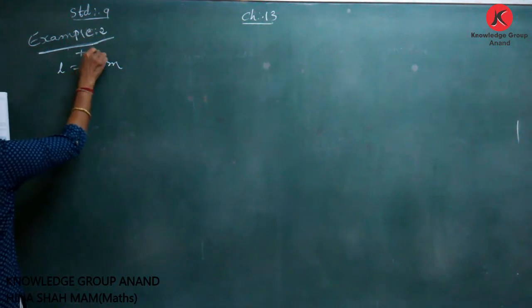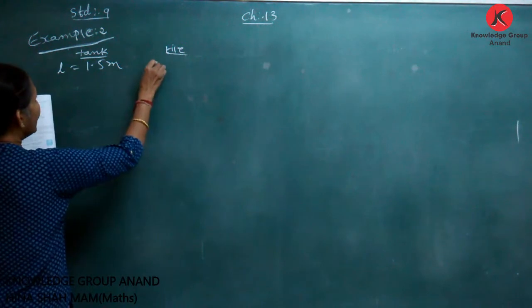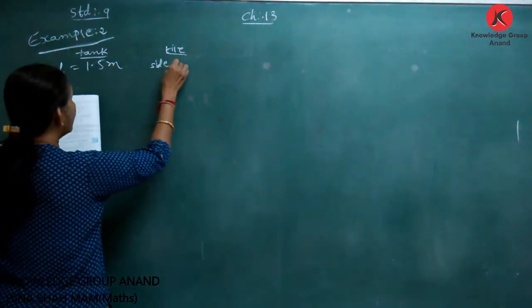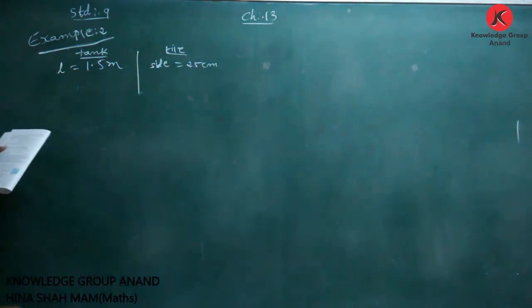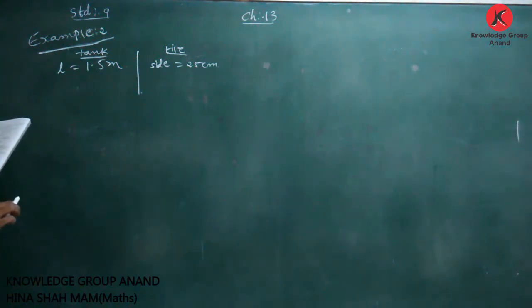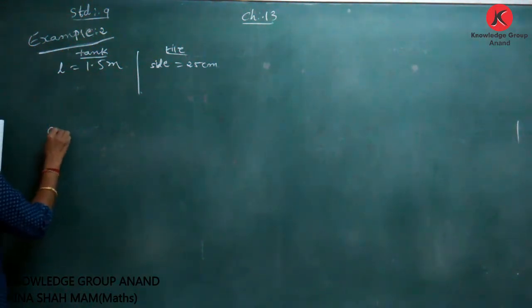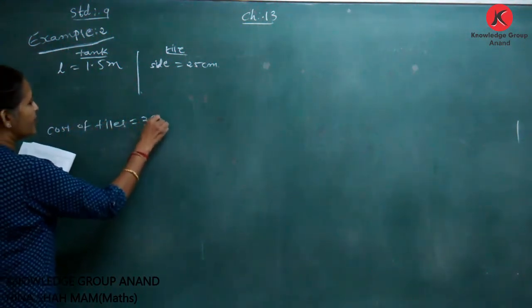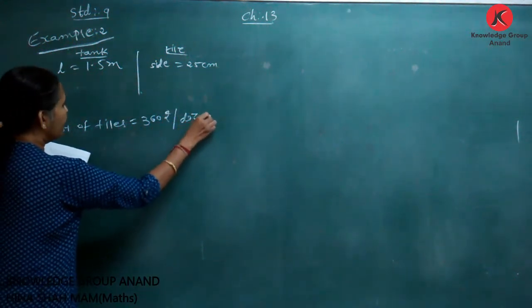The tile size is equal to 25 cm. The cost of tiles is 360 rupees per dozen.